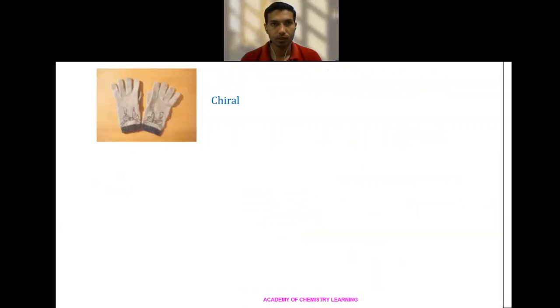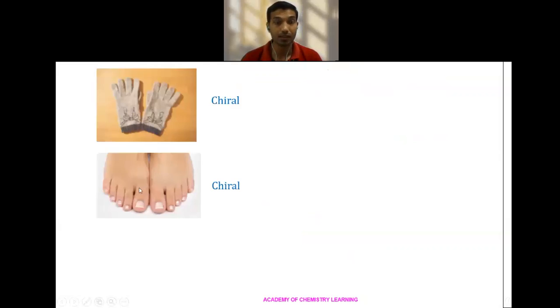Some more examples: a pair of hand gloves are non-superimposable and hence they are chiral. A pair of our feet are also non-superimposable and hence they are chiral.